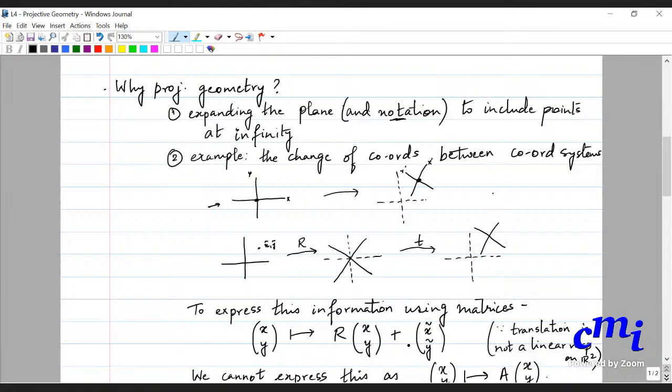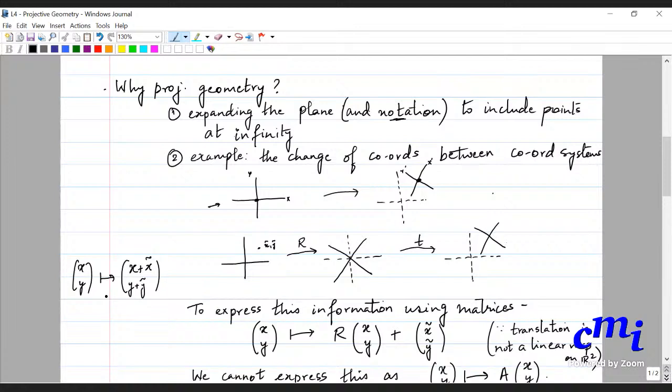Now what happens is this operation of translation is not a linear transformation, correct? You've seen this in linear algebra. Translation is not a linear map. You can check if you like. That means if you want to send (x, y) to (x plus x tilde, y plus y tilde) for a fixed x tilde and y tilde, you can check that this map is not a linear transformation.